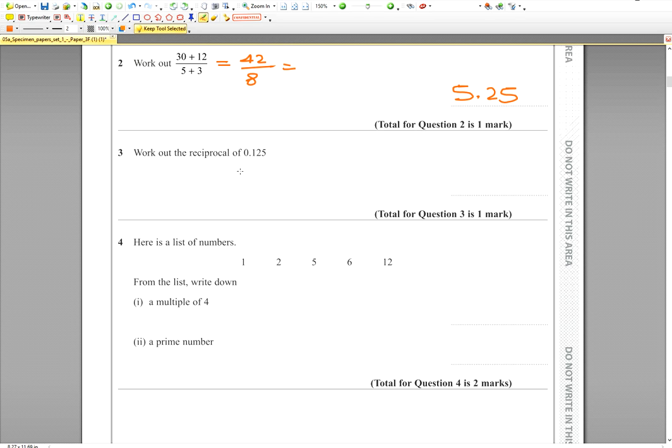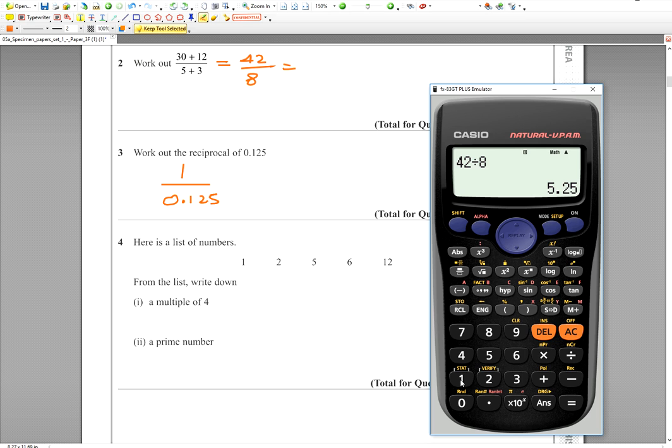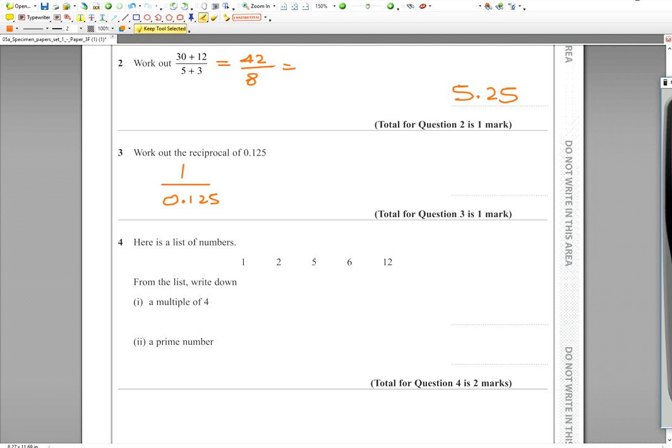0.125. What does the word reciprocal mean? It means 1 divided by that number. So if you put that into your calculator, 1 divided by 0.125, that should give us an answer of 8.